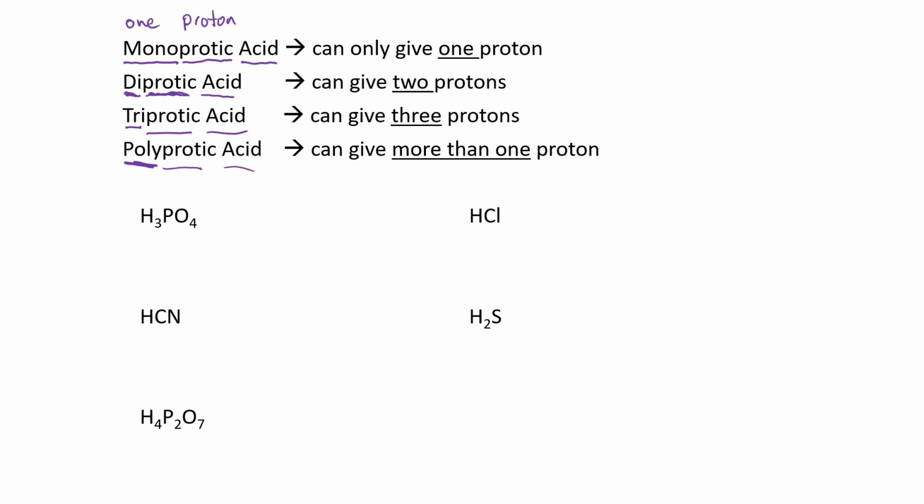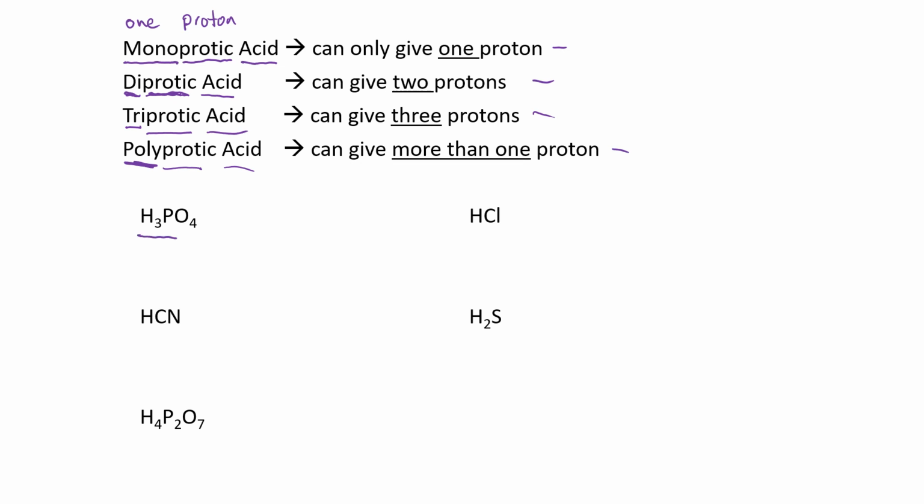Okay, so what does this monoprotic acid mean? It means it can only give 1 proton. Diprotic is 2 protons, 3 protons, and then many, many protons. So I have 5 acids up here, and we're going to see what type of acids these are.